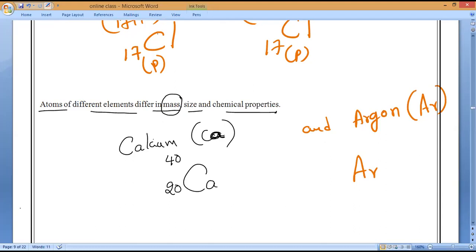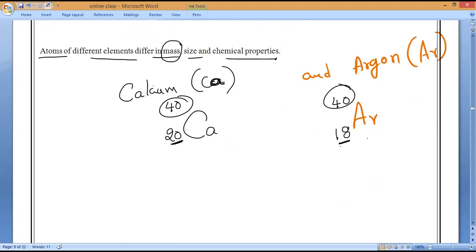Different mass. But its atomic number is 18, so the number of protons here is 18 and in calcium it is 20, yet the mass number is still 40 only. Even though the atoms are of different elements, their masses remain constant.